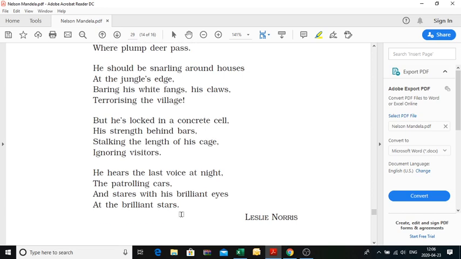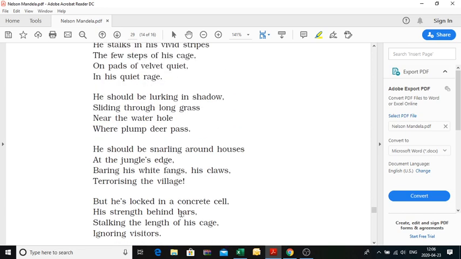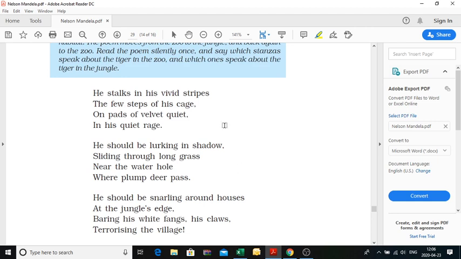So all together we have 5 stanzas in this poem. Right? So just read it quickly and tell me which stanza is telling us that the tiger is in the zoo, and which stanzas are telling us that the tiger is in the jungle.